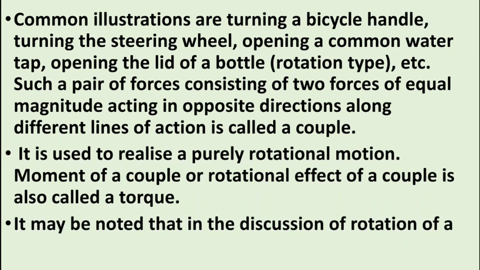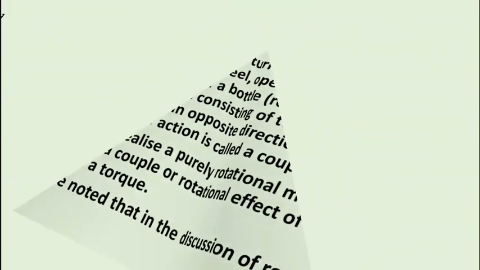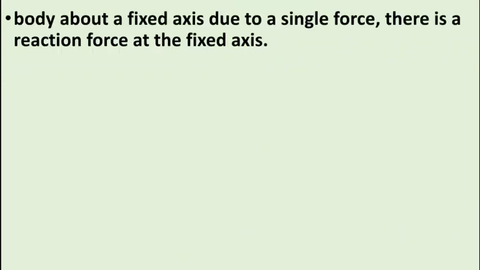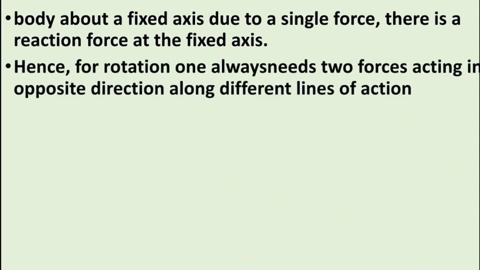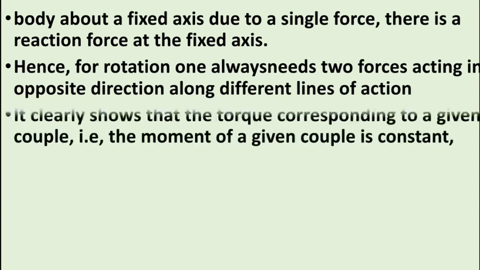It may be noted that in the discussion of rotation of a body about a fixed axis due to a single force, there is a reaction force at the fixed axis. Hence, for rotation, one always needs two forces acting in opposite directions along different lines of action.